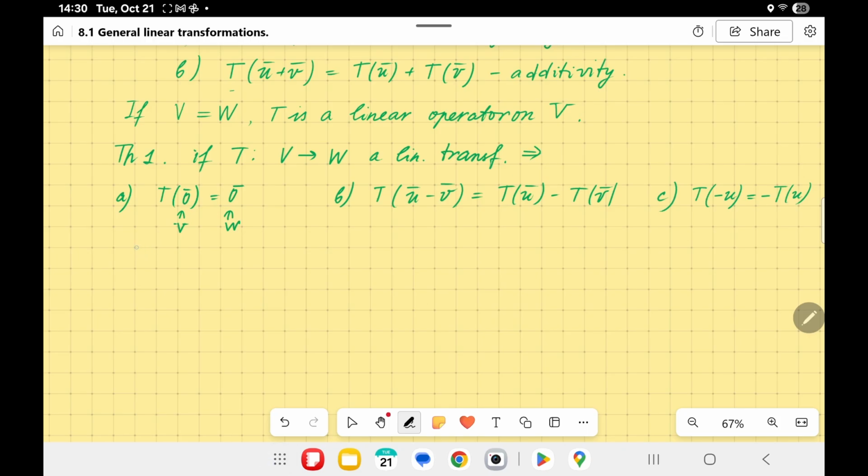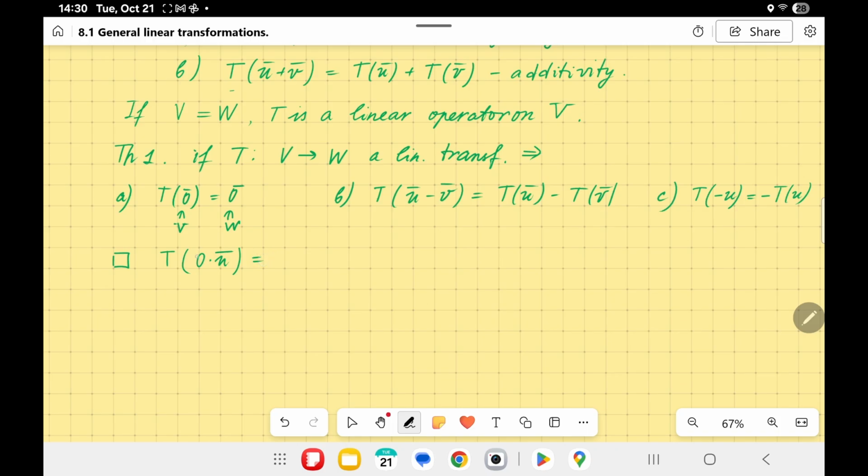So for A, the linear transformation of 0 can be represented as the transformation of 0 multiplied by some vector u, right? Because the zero vector can be vector u multiplied by scalar 0.